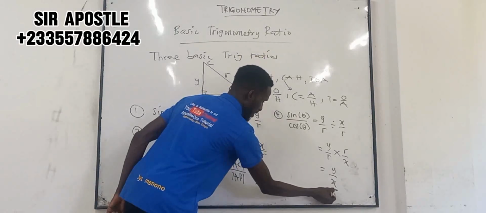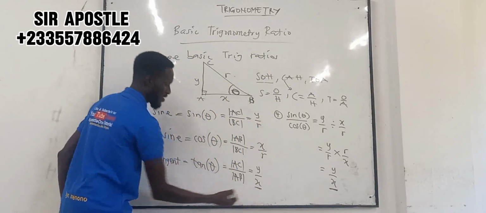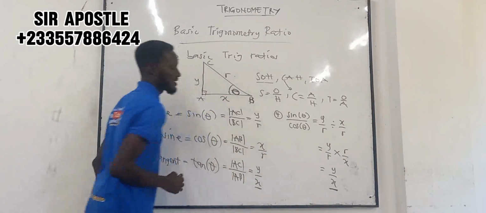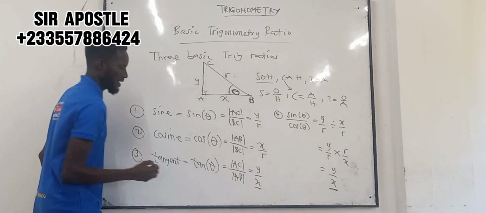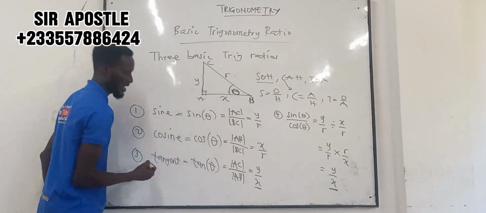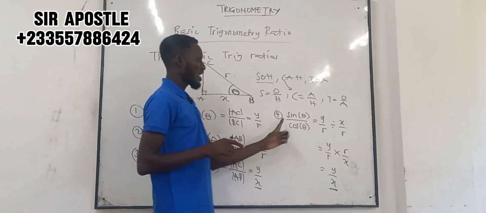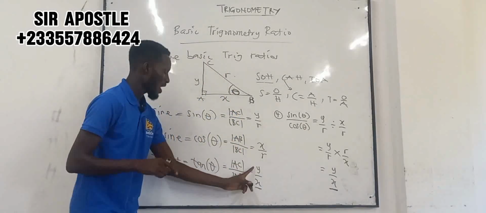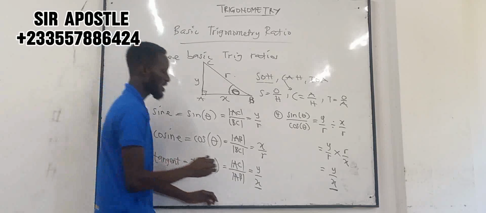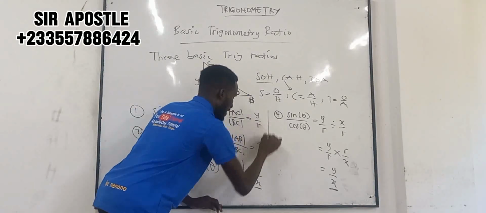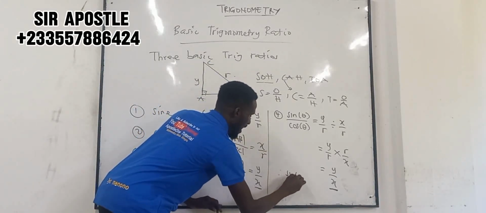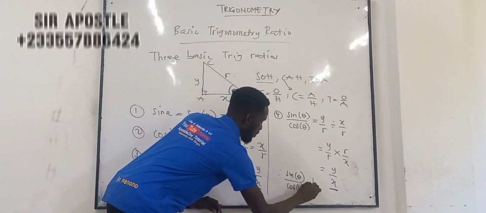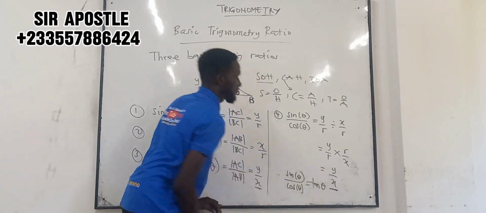Look at something. This y over x is the same as y over x here. This y over x is sine theta over cos theta, and this y over x here is also tan. So what does it mean? Anytime we have sine theta over cos theta, it is the same as y over x, and y over x is the same as tan theta. So I can conclude that sine theta over cos theta will also give us tan theta.